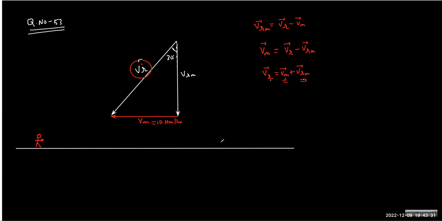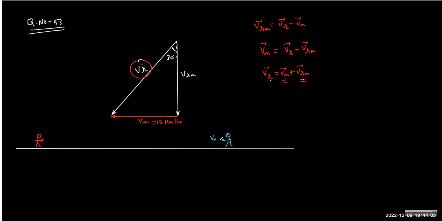Given the angle theta, which is 30 degrees, and one of the sides, which is 10, can you find VR? Which trigonometric relation will give you the answer? Tan theta, sine theta.